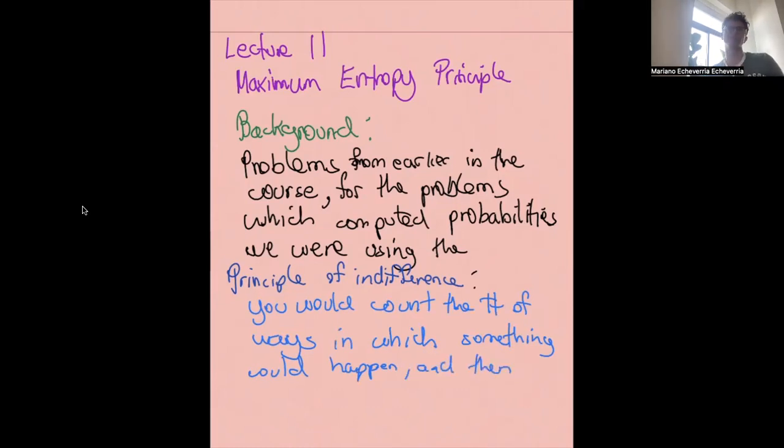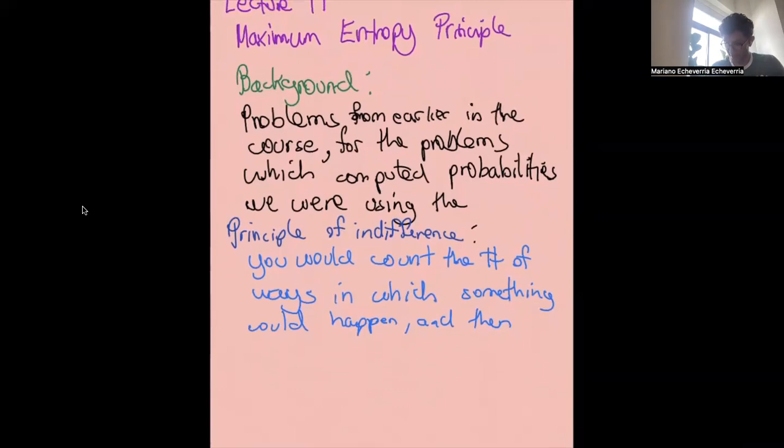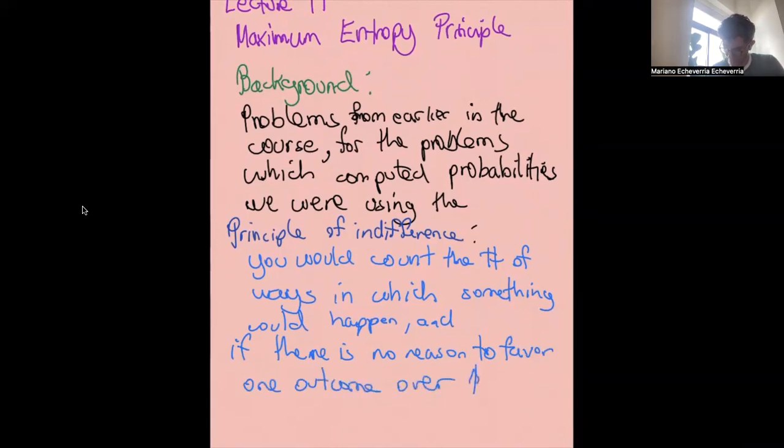And then if there's no reason to favor one outcome over the other, you assign the same probability to both of them. You would consider them equally likely.